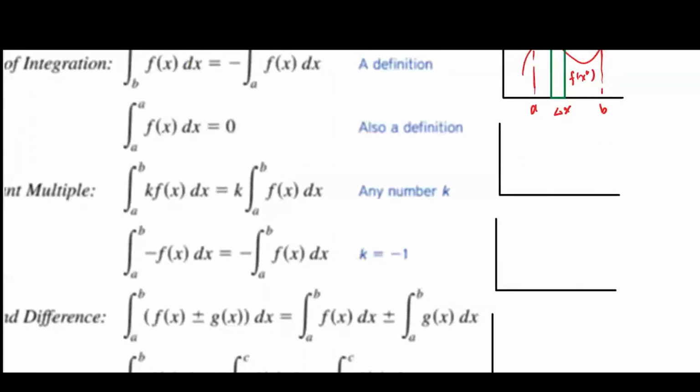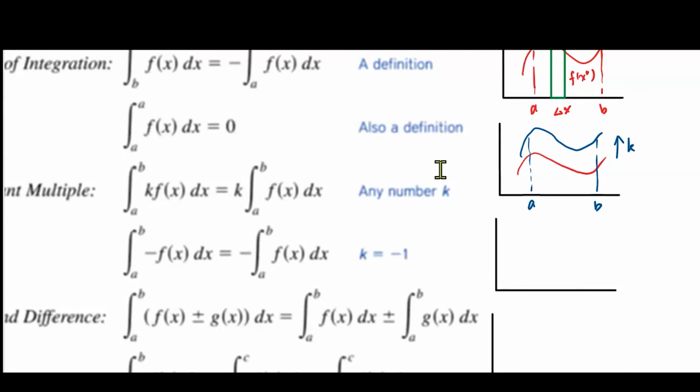So say our function is like this, okay? But if you multiply by k, let's say k is equal to 2, then is that a vertical stretch like that? And we're trying to find this area from A to B. So this is a vertical stretch by k, isn't it, factor of k?